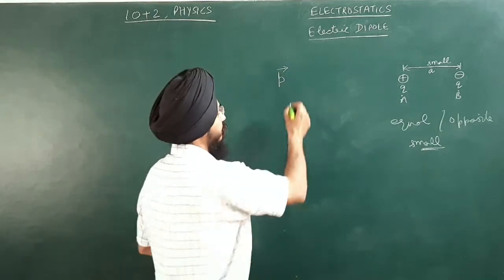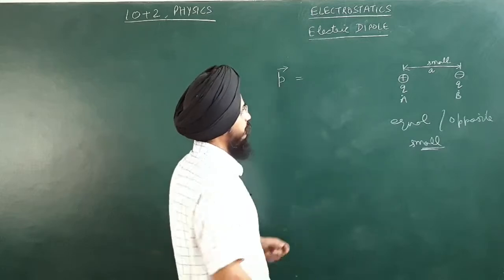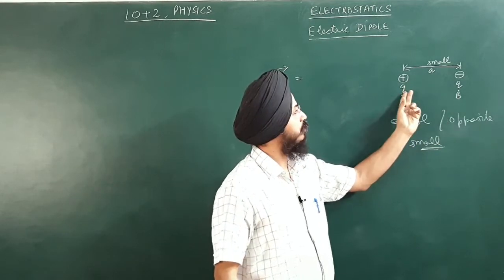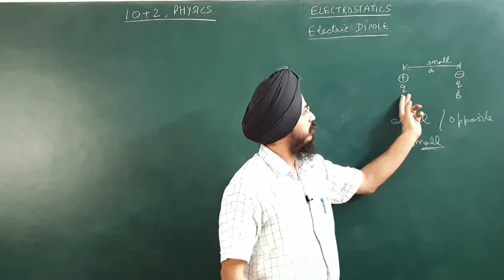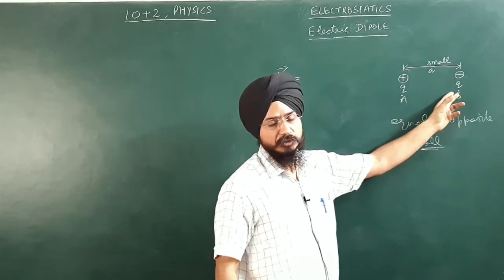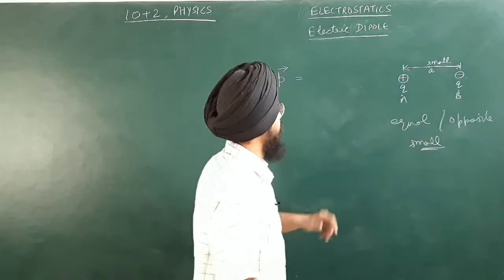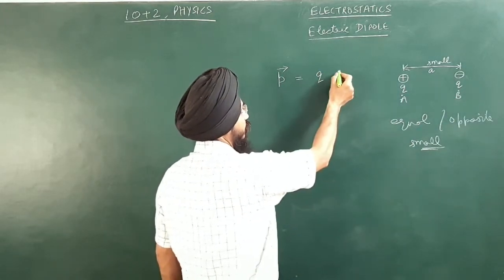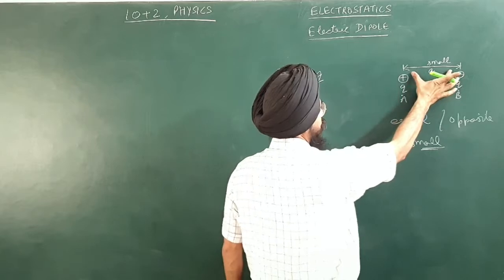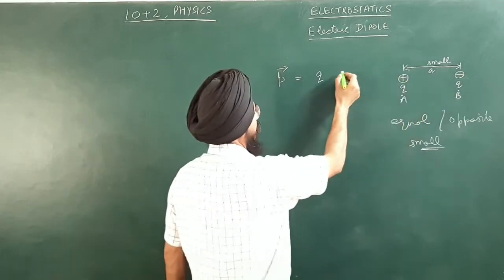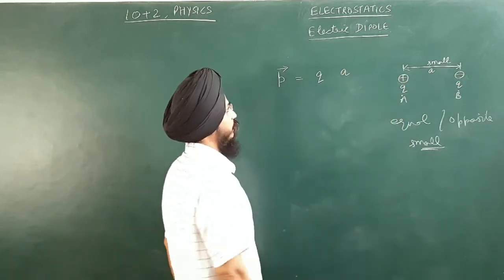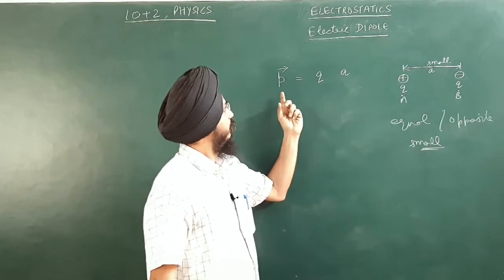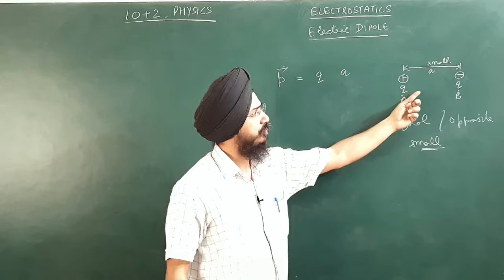It is given as the magnitude of either charge, because the magnitude of both charges is the same but the polarity is opposite, so q, into the distance between these two, which is a. So q into a will become the dipole moment of this system of charges.